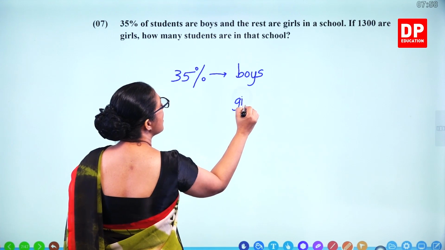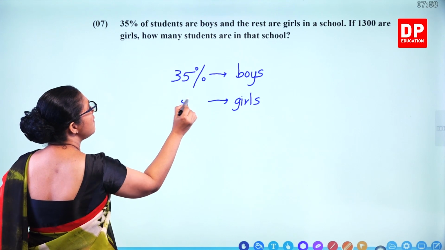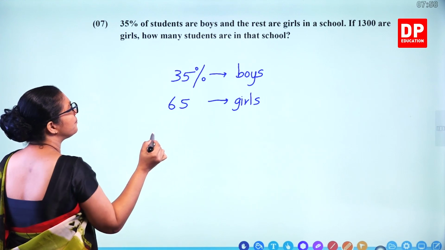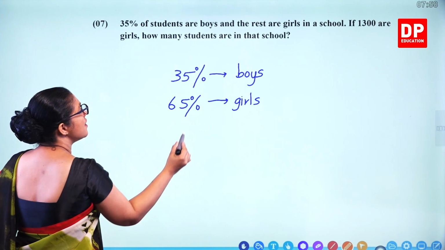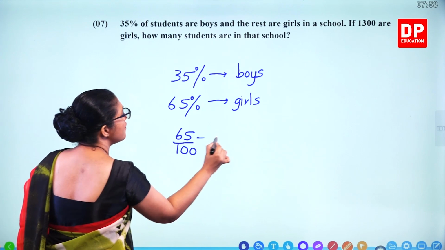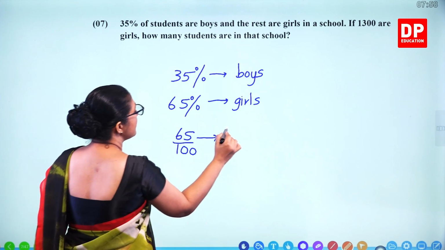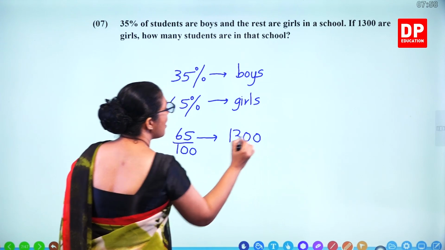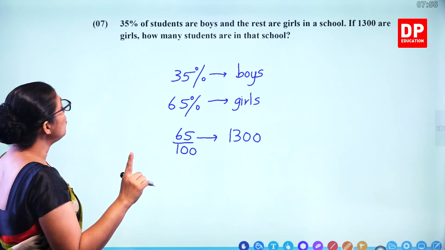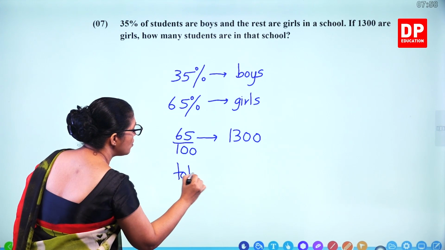So girls becomes 100 minus 35, that means 65%. So 65% means 65 over 100, that means 1300. How many are in the school altogether?